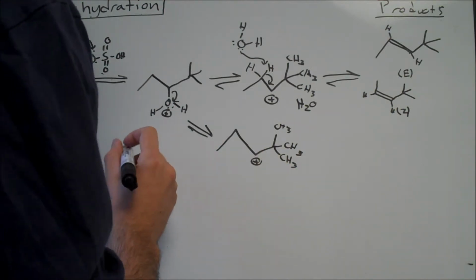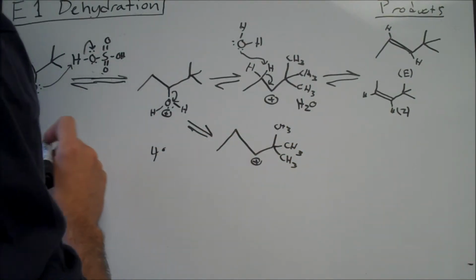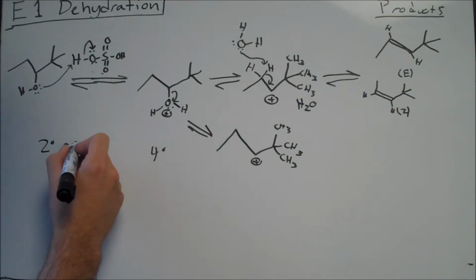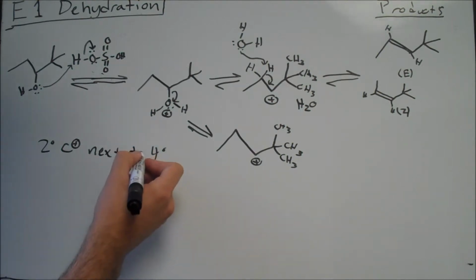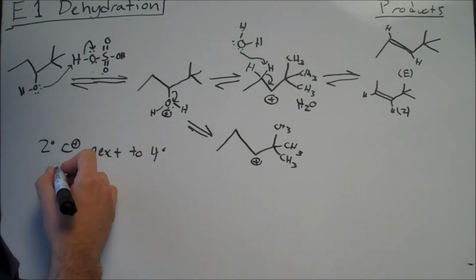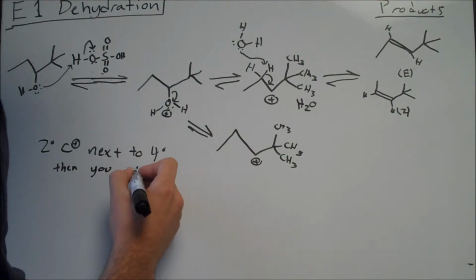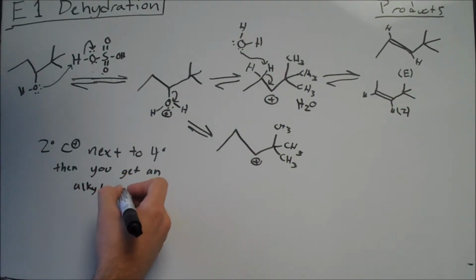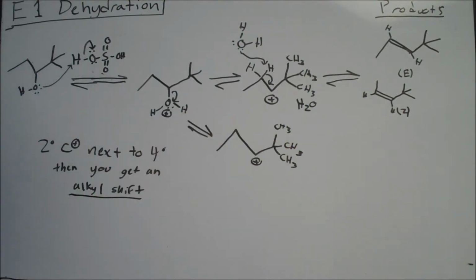It's a quaternary carbon, which is next to, so if you have a secondary carbocation next to a quaternary carbon, then you get an alkyl shift, which is actually the movement of one of these methyls to form a more stable carbocation.